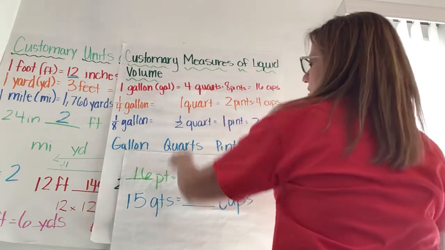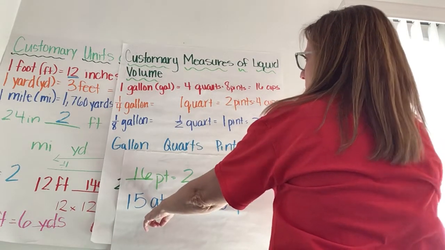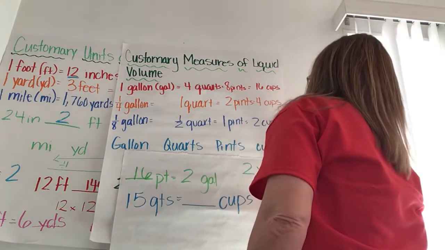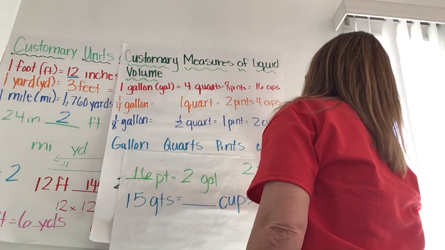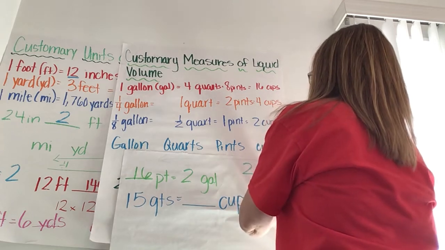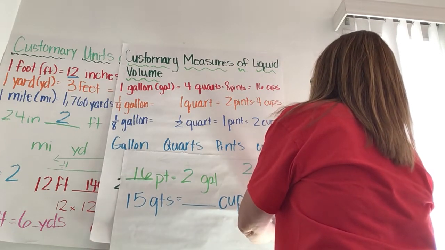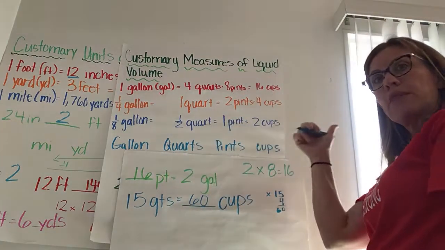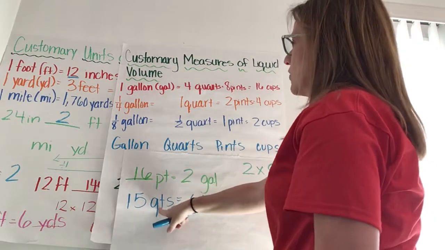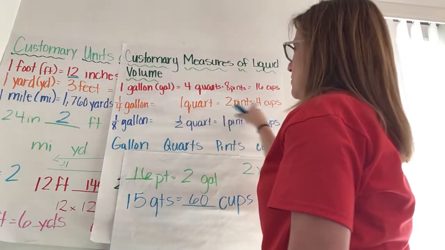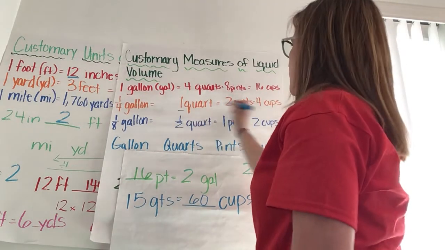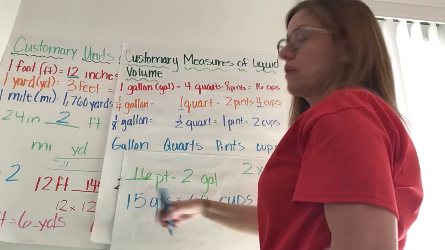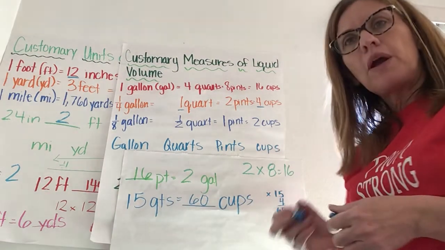So if there's 15 quarts and there's 4 cups in 1 quart, I'm going to multiply 15 times 4, which is 60. I'm multiplying because I'm going this way, and I look at 1 quart, which equals 4 cups. I'm going to multiply 15 times 4 because I have 15 of those. So I want you to go ahead and try that.